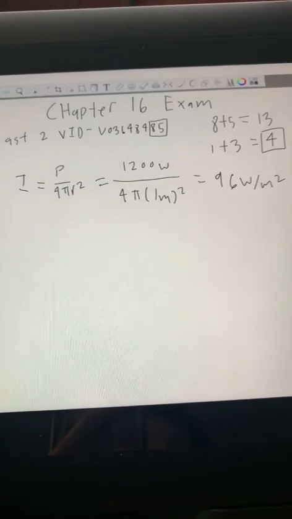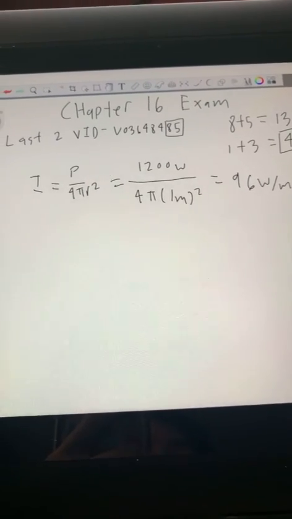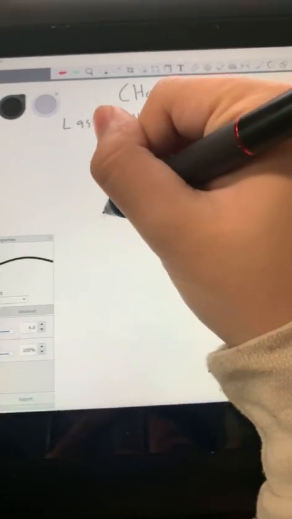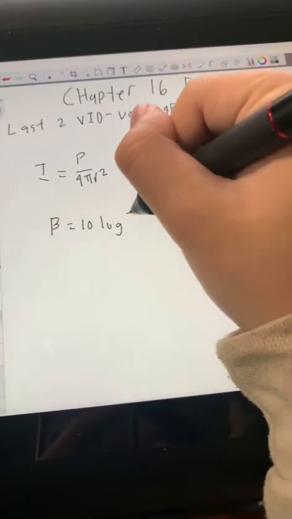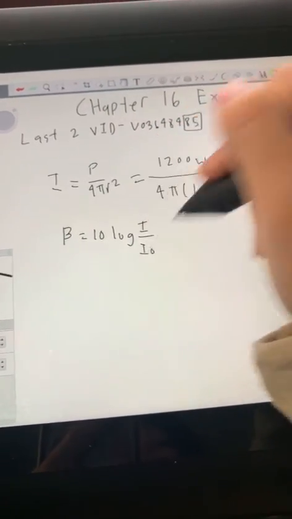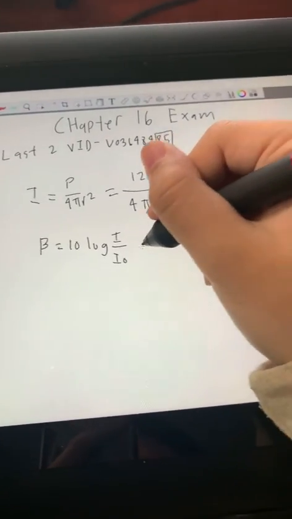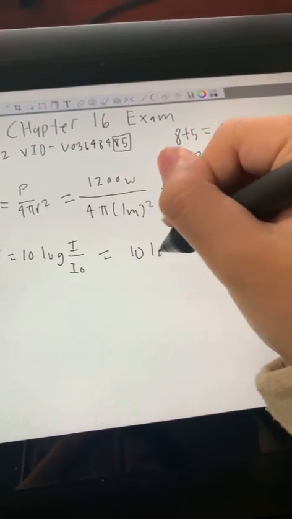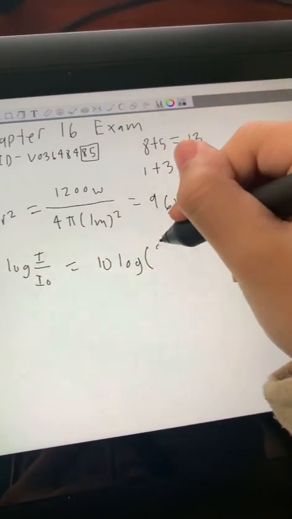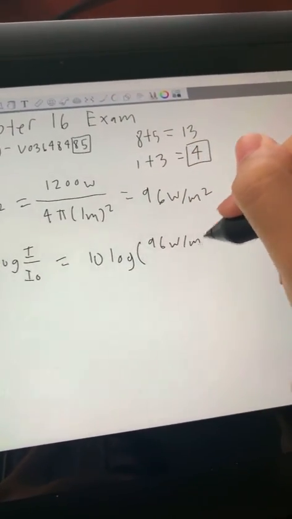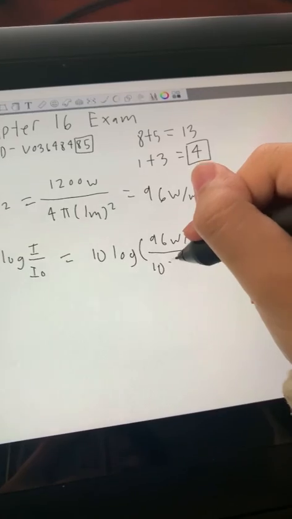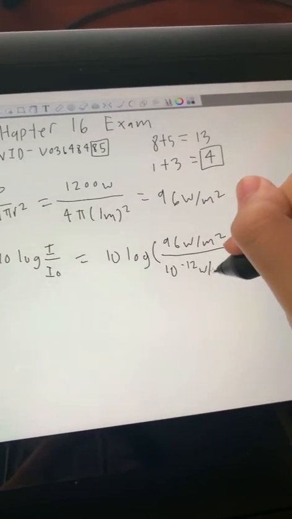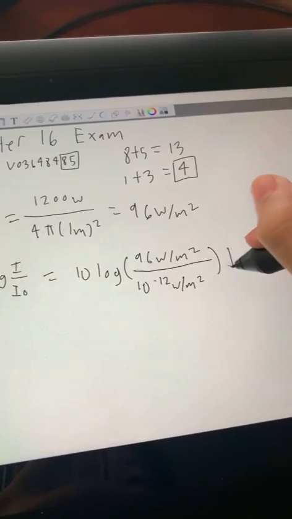We can then calculate the intensity in decibels using the decibel conversion equation given to us in the problem, which is beta equals 10 log I over I0. Filling in these values, we get 10 log of 96 watts per meter squared over 10 to the power of negative 12 watts per meter squared decibels.